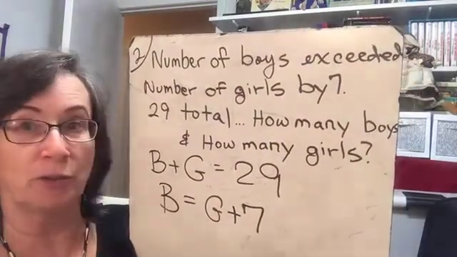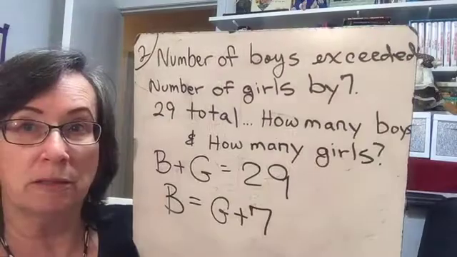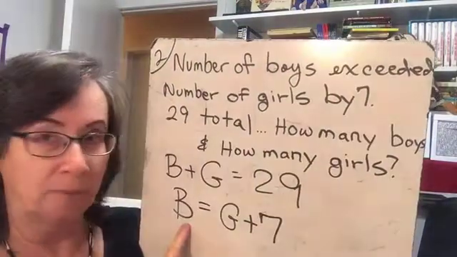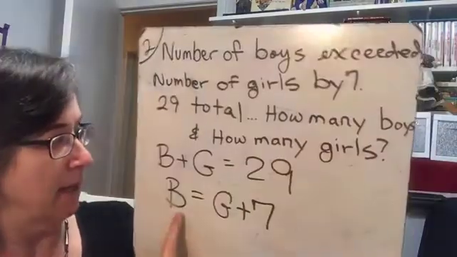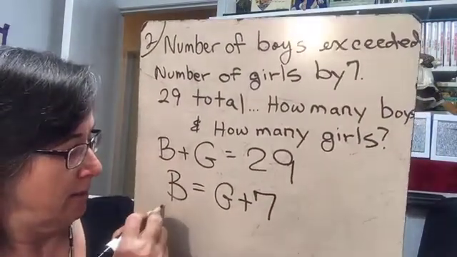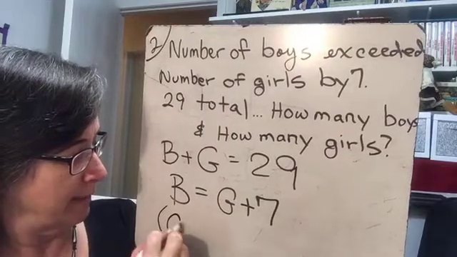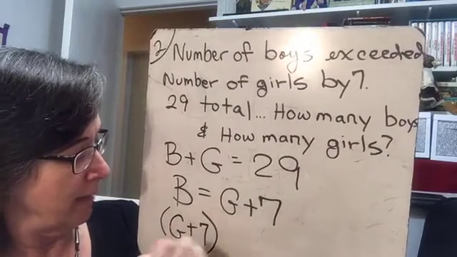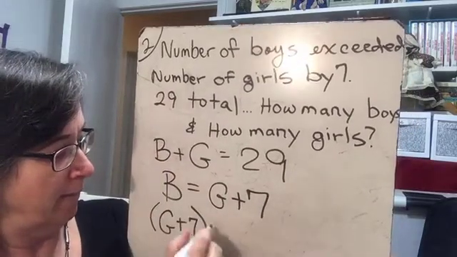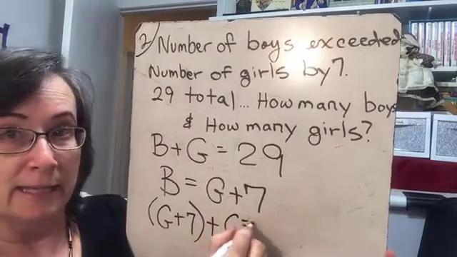So we're going to use substitution again because this one is already solved for B, so that one makes sense. So we're going to go ahead and substitute for the B. So I'm just going to put a little parenthesis to note that this G plus 7 is now being substituted for the B, plus the G is the 29.